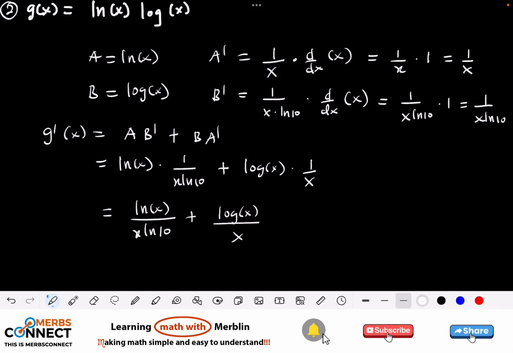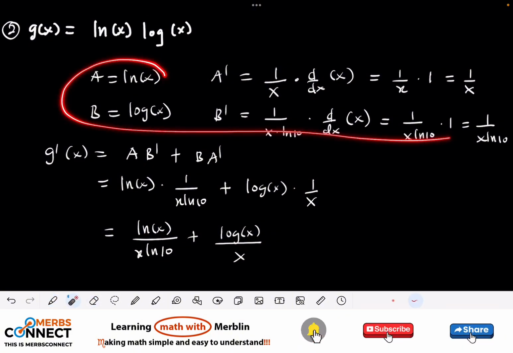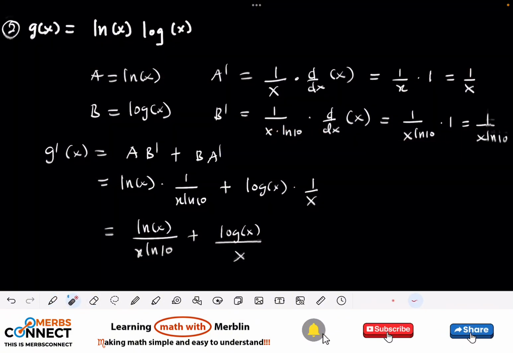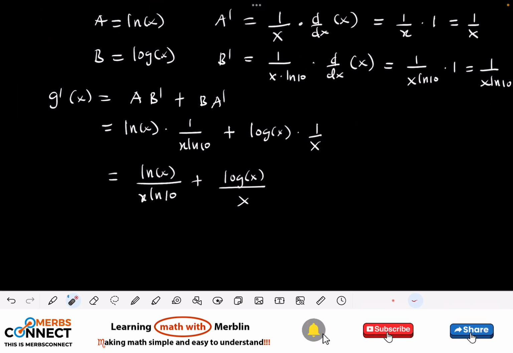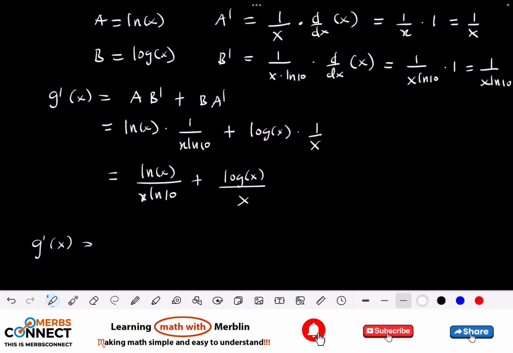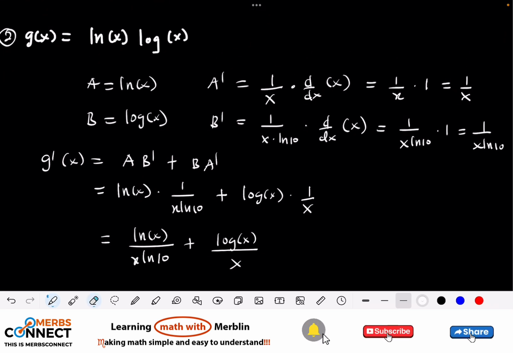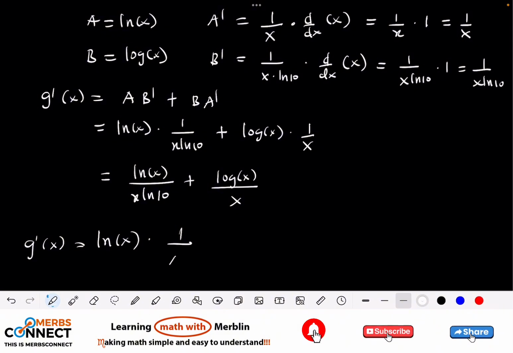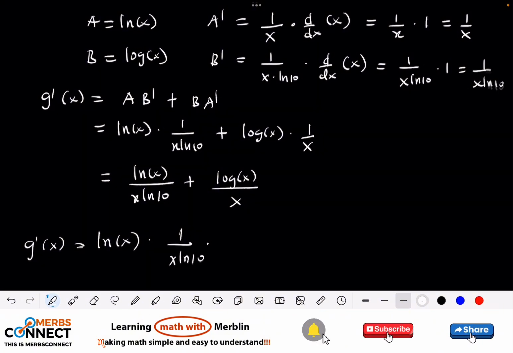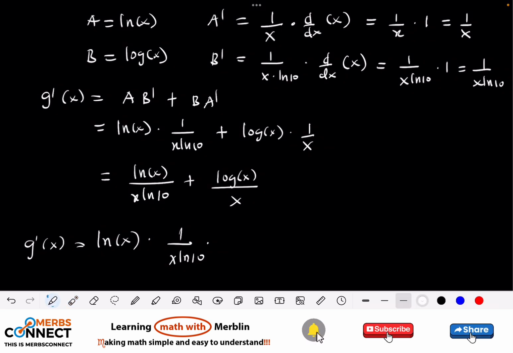As I said, if you know how to do it and you don't want to go through this, then you can just do it straight. But you need to be careful. For example, if I go straight, J prime of x will be equal to, if I maintain ln x first, then I multiply by the derivative of log x, which is 1 divided by x ln of 10 times the derivative of what is inside the bracket, which is 1.